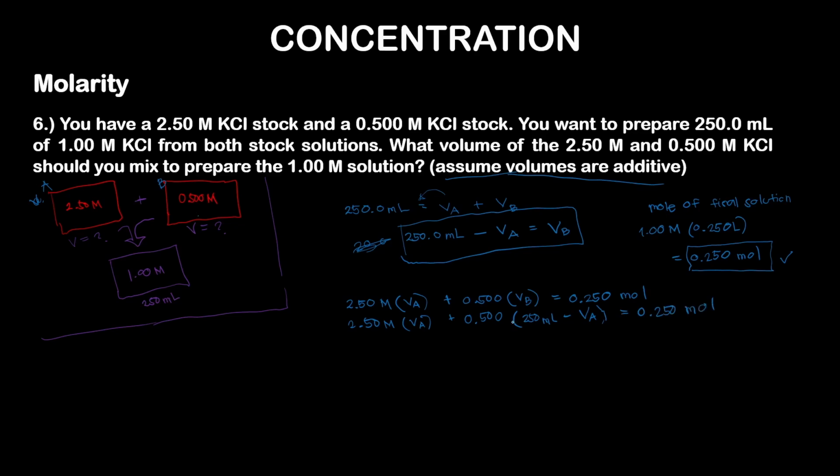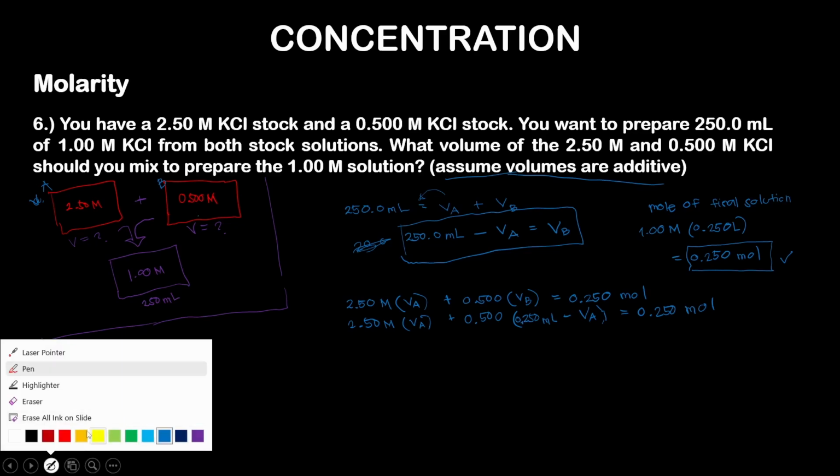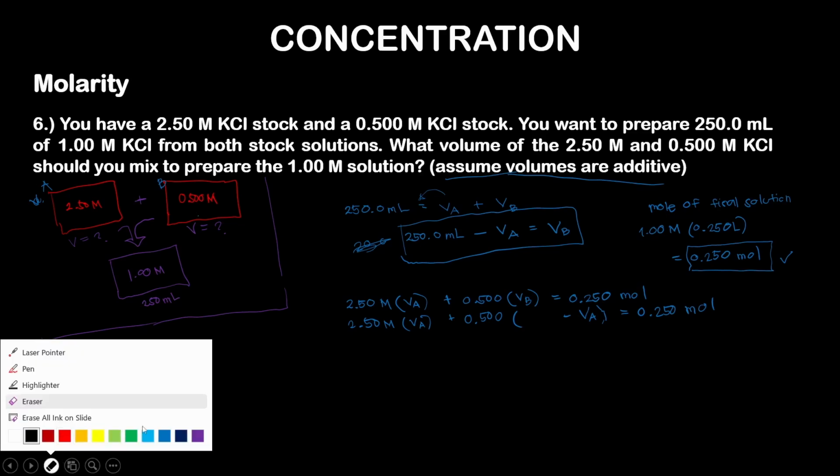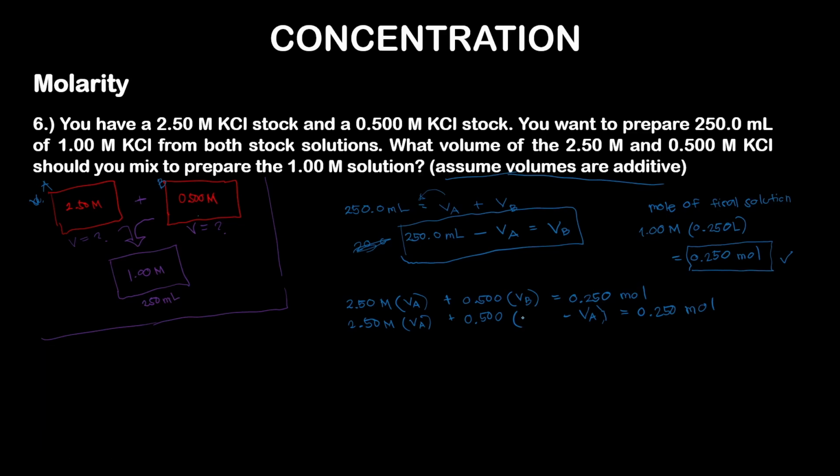You know what? Let's make this 0.250 liters. Okay, that's the same as 250 ml. Okay, now we can multiply it. So we get 2.50 molar VA plus, okay, this one will be distributed, this minus VA.